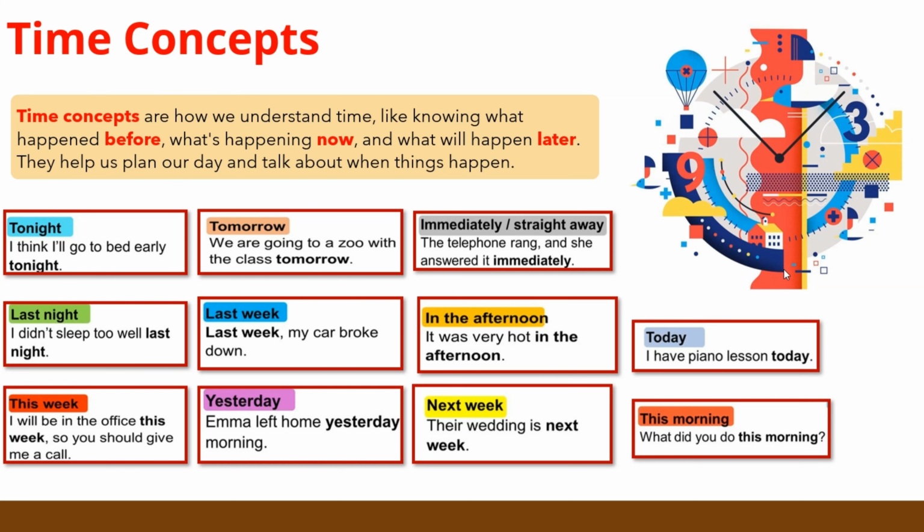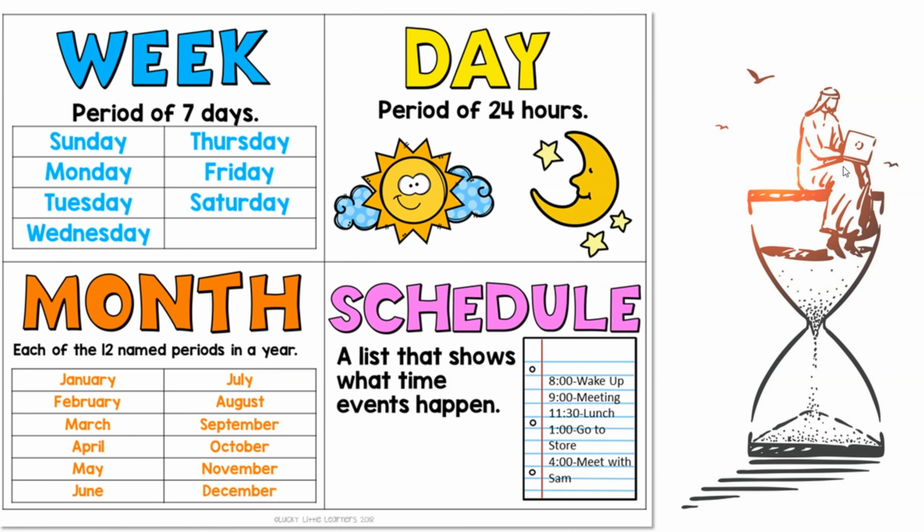Today and this morning. So today we're going to talk about just an overview and see some basic examples of some time concepts and some time vocabulary that we normally use in the English language. When we say a week, that means the week has 7 days and we know what we're talking about. It gives us that feeling of time. And when we say days, the same thing.